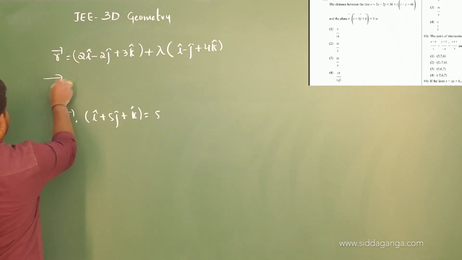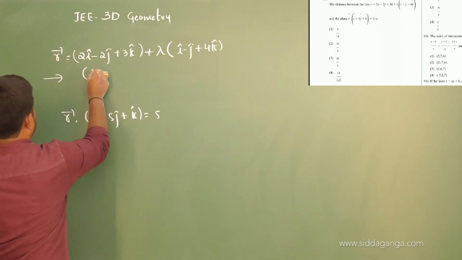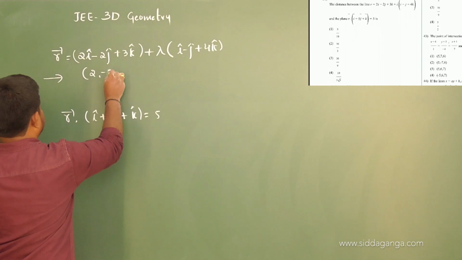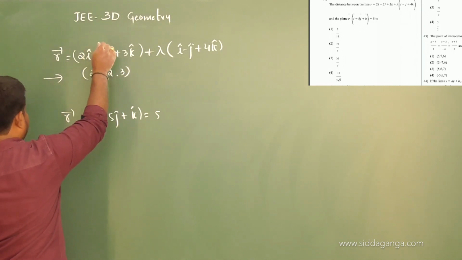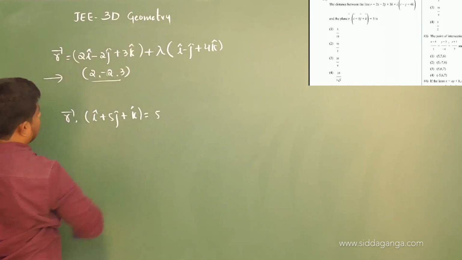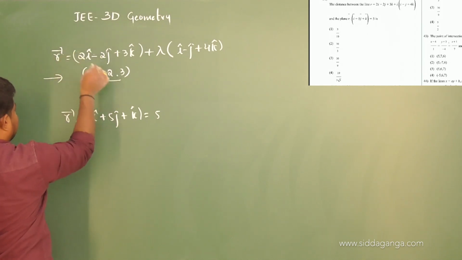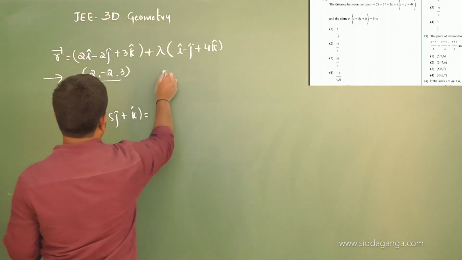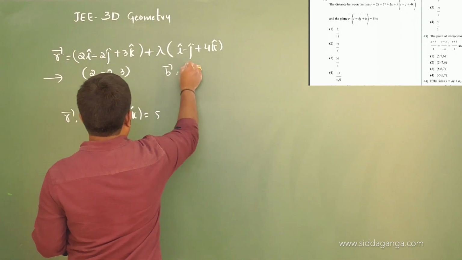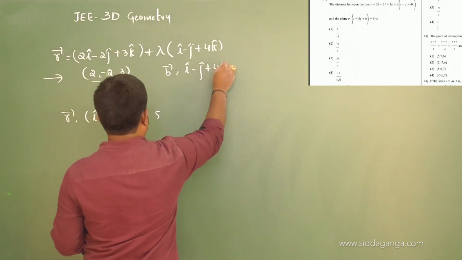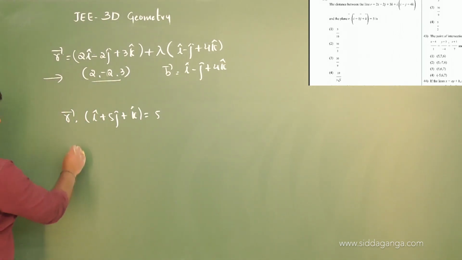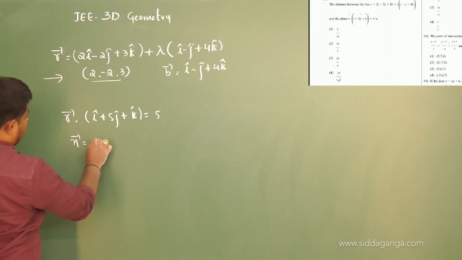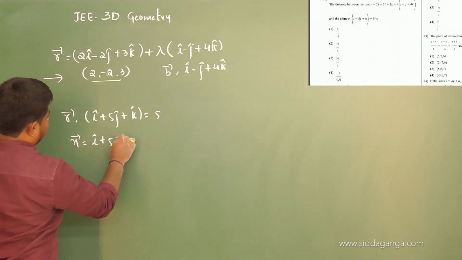And this line passes through what? 2, minus 2, 3. So this is the position vector of a point through which this line passes, and the line is parallel to the vector b. Now here we have the normal vector, that is i plus 5j plus k.